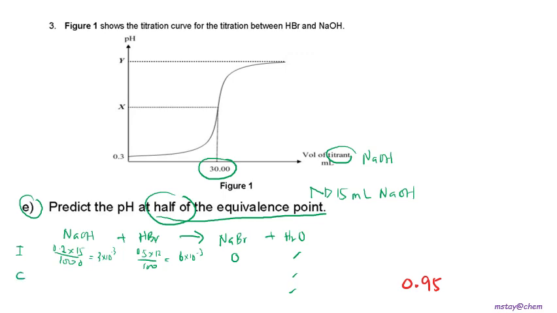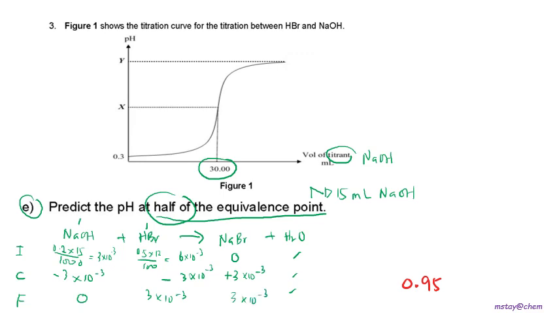NaOH in this case is the limiting reactant, so it will be completely used up. So we use minus 3 exponent negative 3. HBr will also use up 3 exponent negative 3 due to the ratio being 1 to 1. Then the number of mole of NaBr will increase by 3 exponent negative 3. Finally, after this reaction, there is no more NaOH, the HBr left is 3 exponent negative 3, and NaBr also has 3 exponent negative 3.